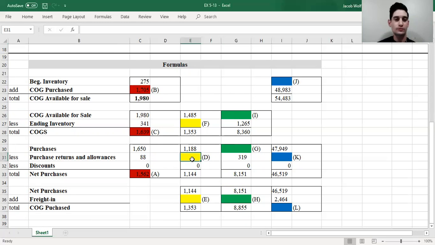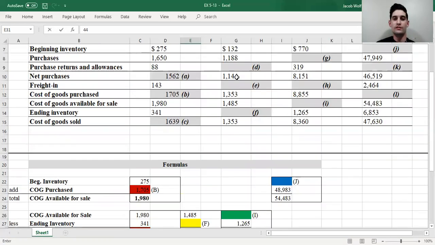So when we find the difference, subtracting 1,144 from 1,188, we get a difference of 44. If we double check that, 1,188 minus 44 equals our 1,144. So that is our D value.